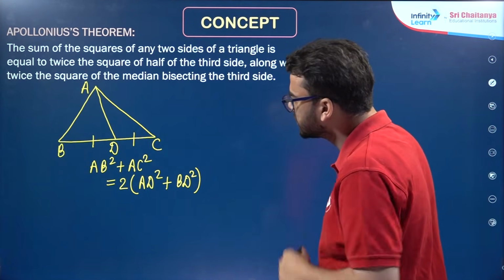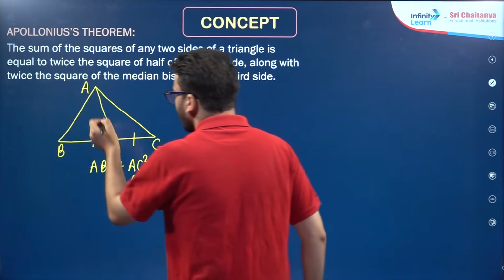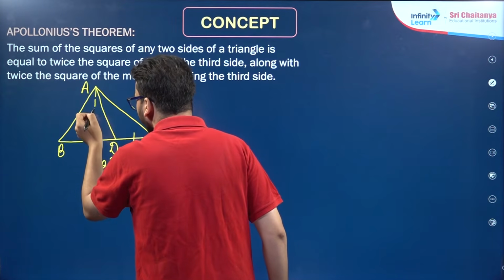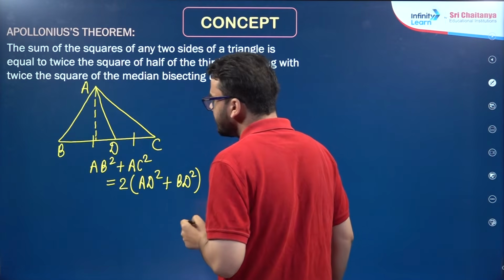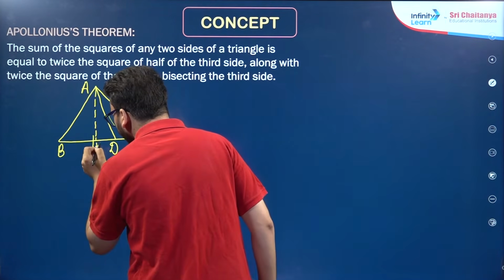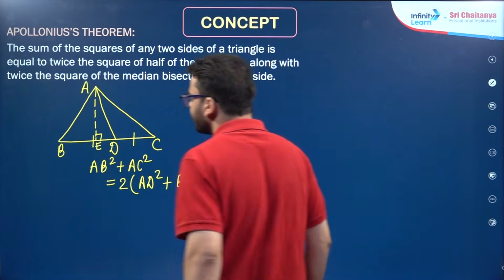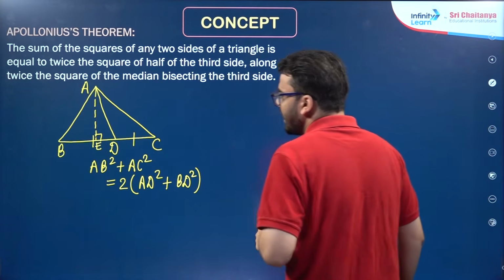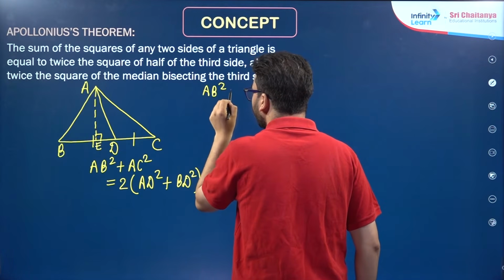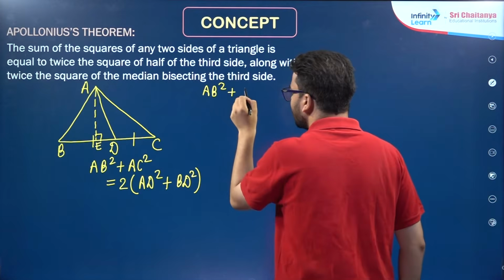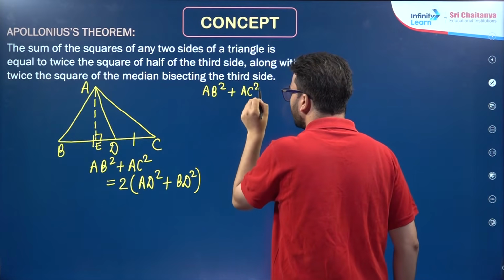If I do a small construction over here, I'm dropping a perpendicular from here. See this thing? I'm dropping a perpendicular. Suppose this is ABCDE, right? This is 90 degrees. So basically, if I take AB square plus AC square, what is that equal to?